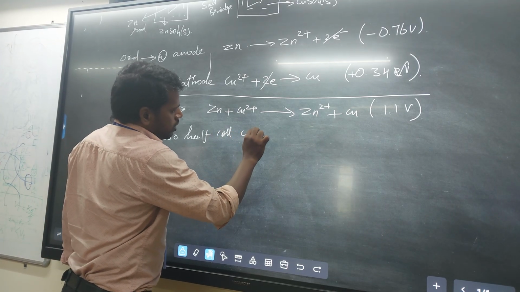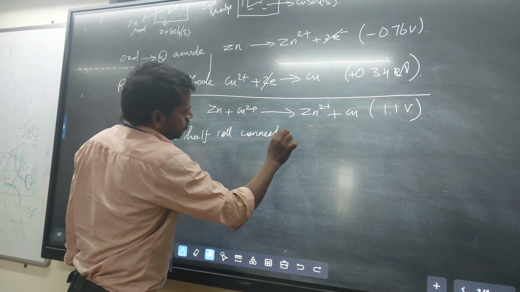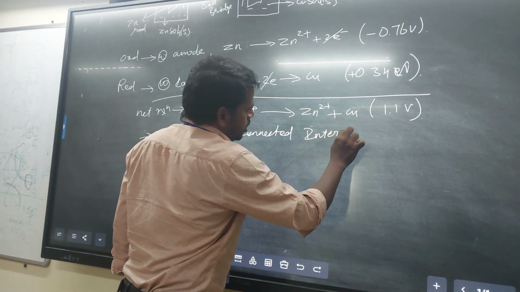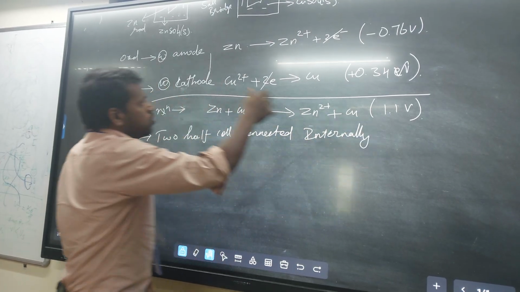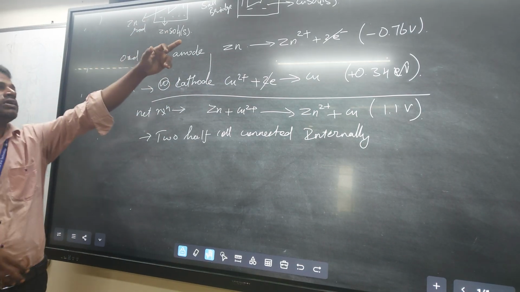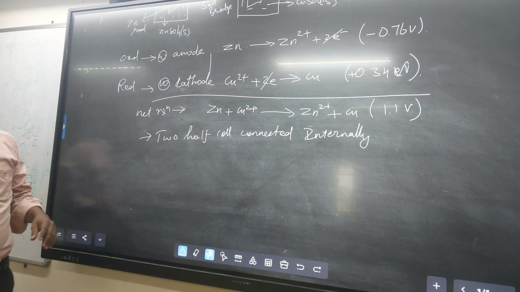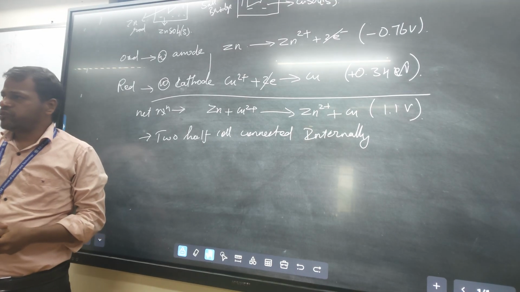This one is the copper half cell, and this is the zinc half cell, through the salt bridge. Here, what is the role of the salt bridge?